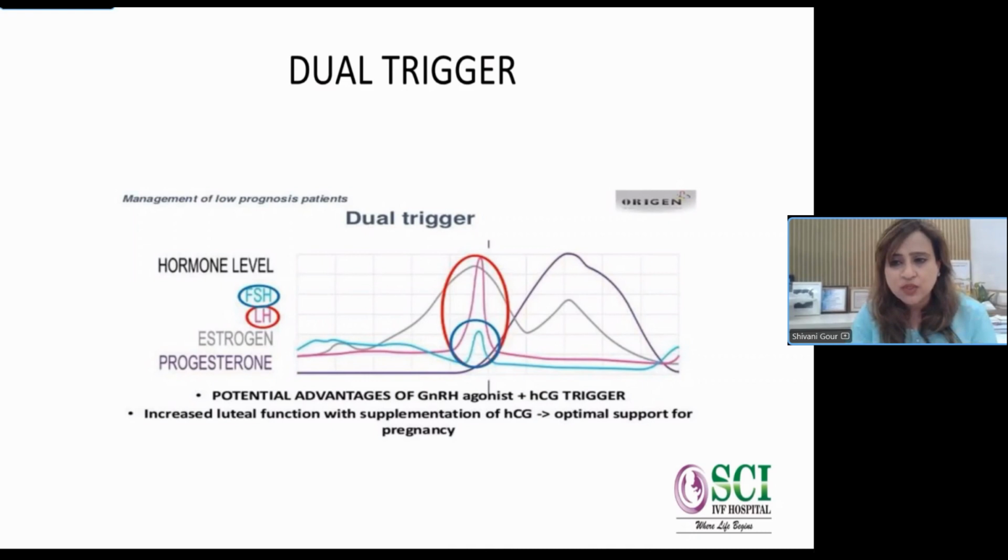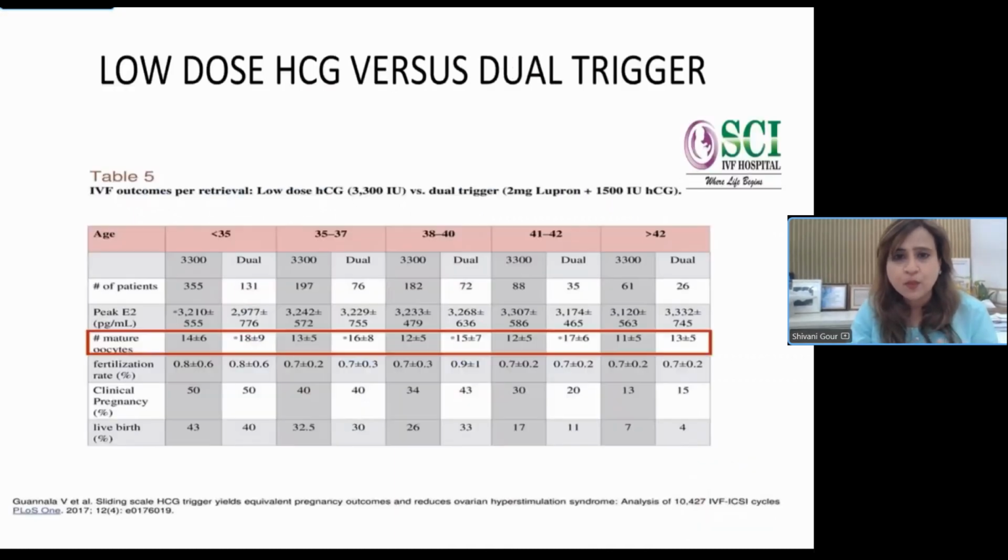So a word about dual trigger and double trigger. What is dual trigger? Dual trigger means giving a trigger with both GnRH agonist and HCG, because this will optimize the luteal phase and give the best support to the pregnancy. Now, people also thought, what if I can give a low dose HCG, which one is better?